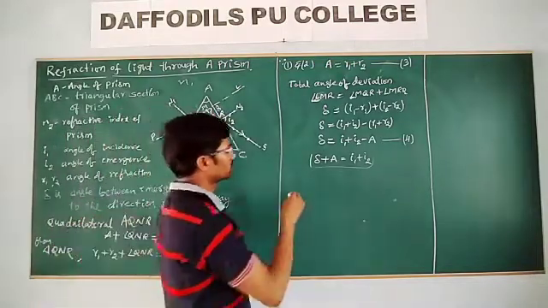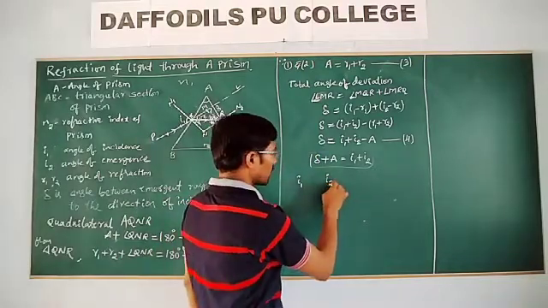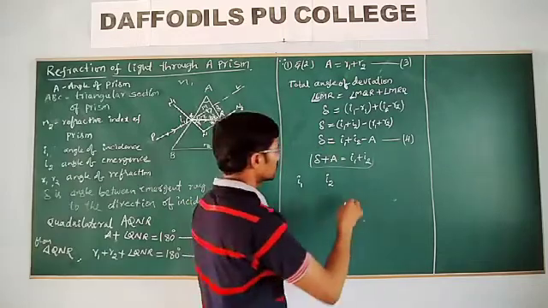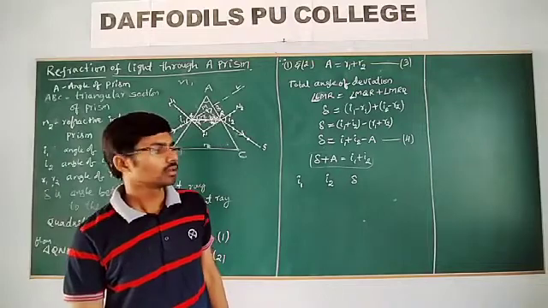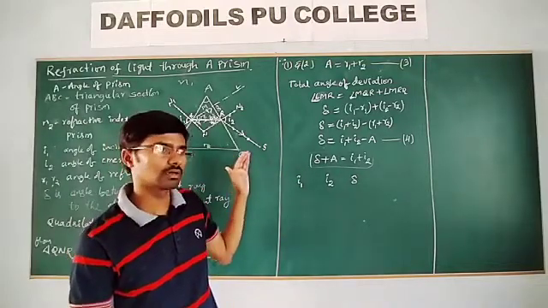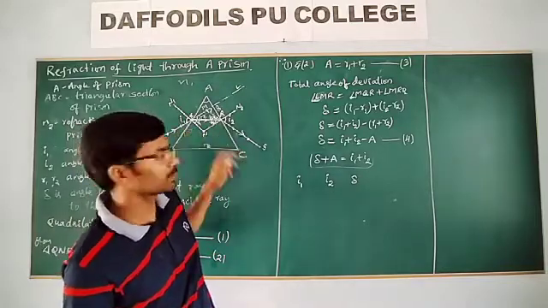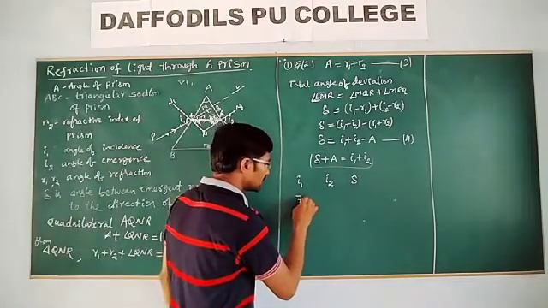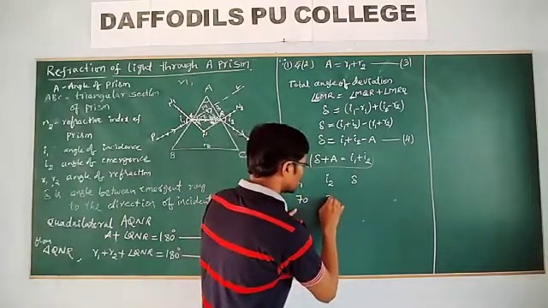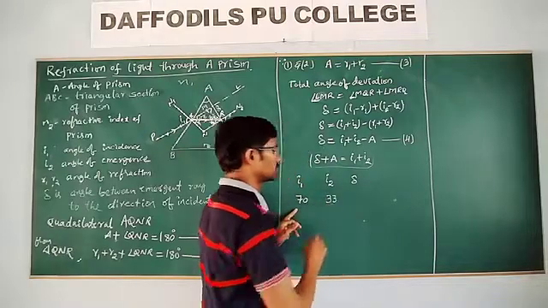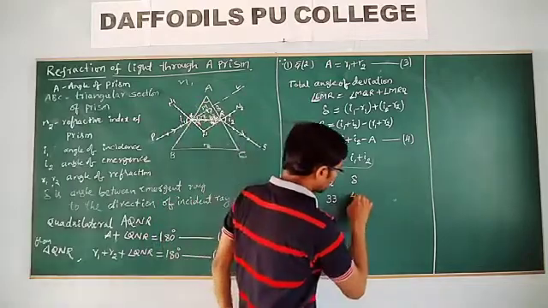Let us take, for example, I1 as the angle of incidence, I2 as the angle of emergence, and delta as the angle of deviation. By drawing these diagrams or doing this experiment for different angles of incidence, let me take 70 degrees. For an angle of incidence of 70 degrees, the angle of emergence is 33 degrees, and the corresponding deviation is 43 degrees.